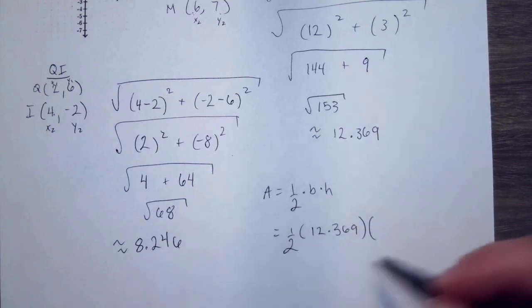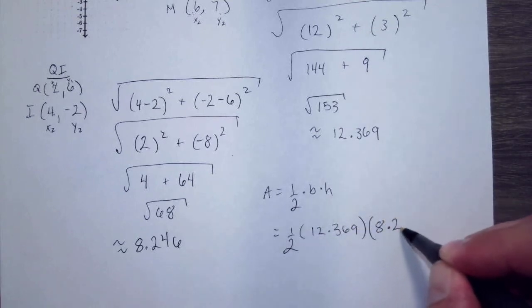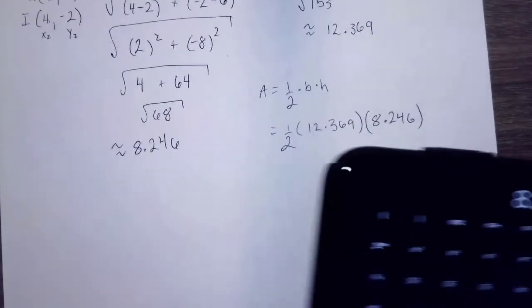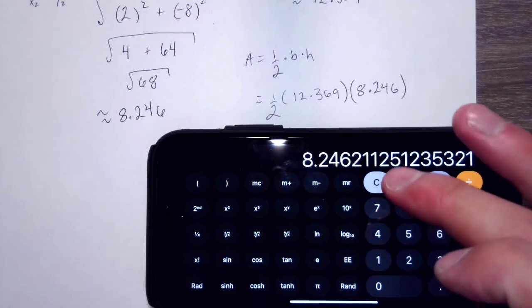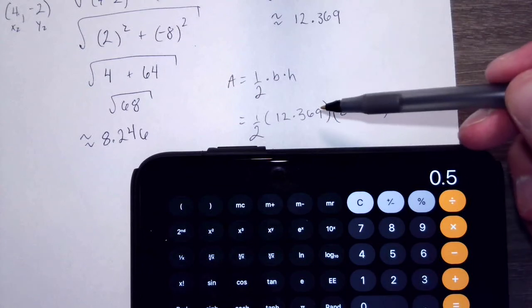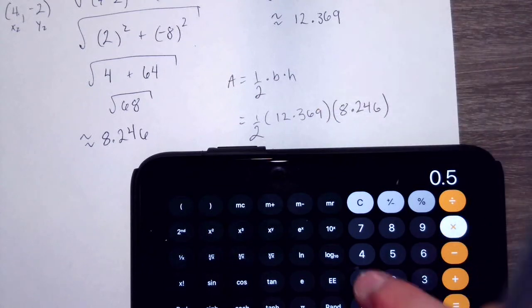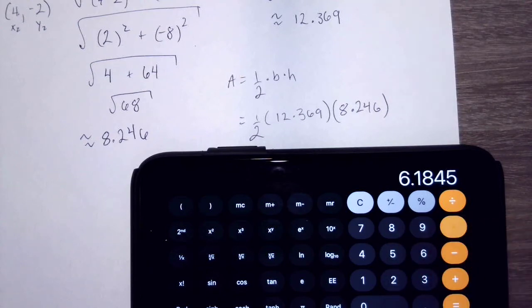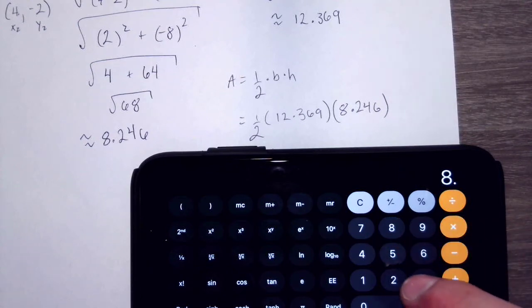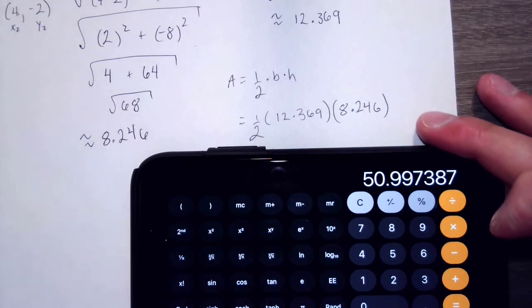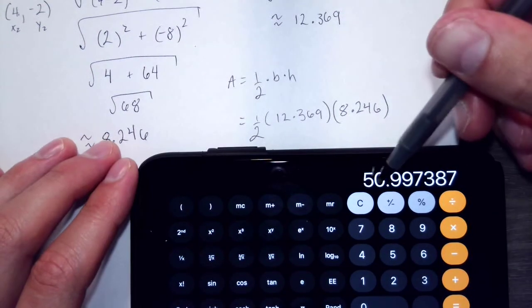The height is 8.246. And I'll just multiply all of that together. The 1/2 is the same thing as 0.5. So 1 divided by 2, 0.5 of course, times 12.369 times 8.246 equals.